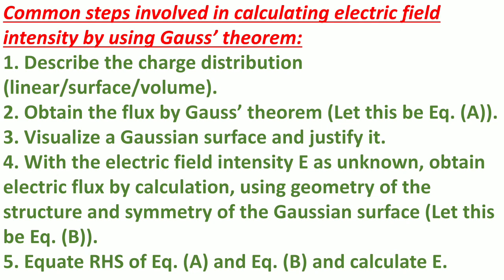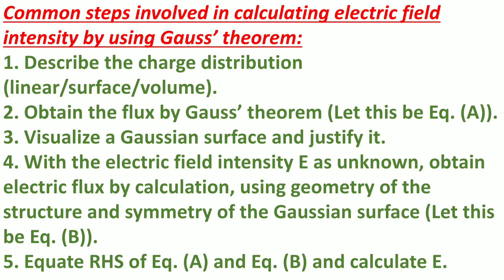As the first step, describe the charge distribution, whether it is linear, surface, or volume. As in the previous application, that was the surface charge density, and we will see which charge distribution will be there. Now the second step, obtain the flux by Gauss's theorem, and we will label that equation as A, as 1.